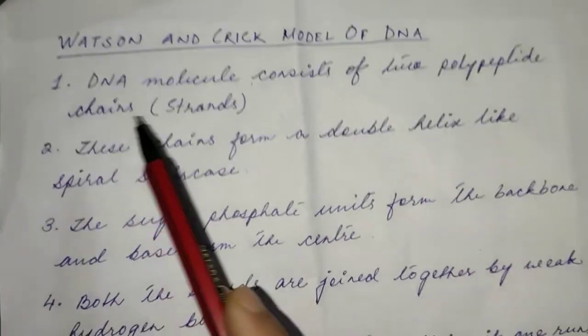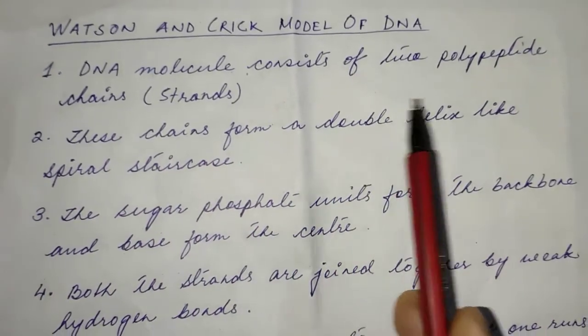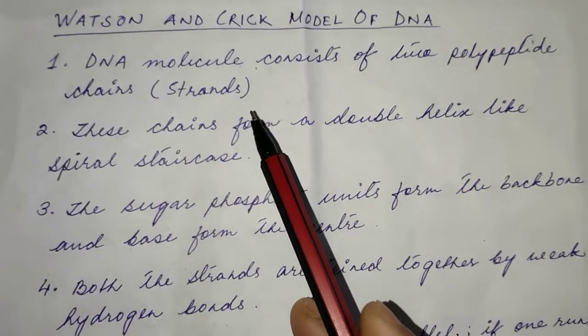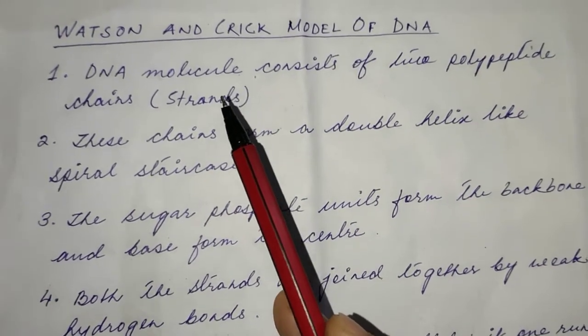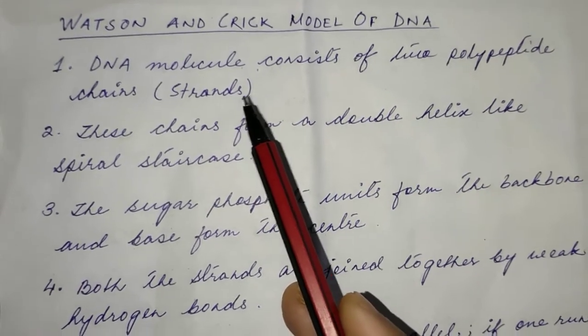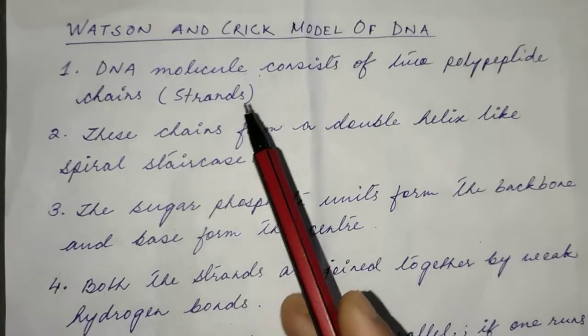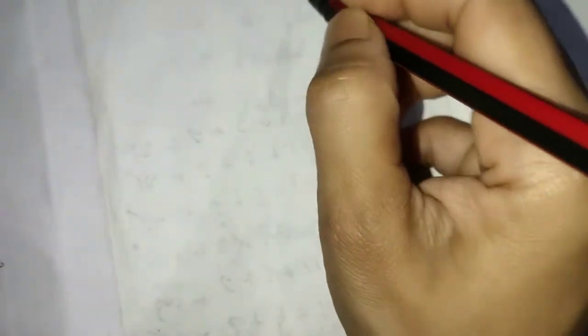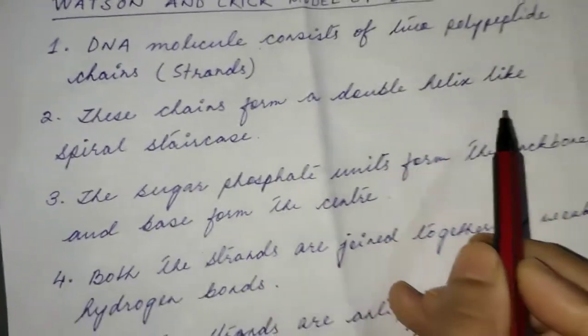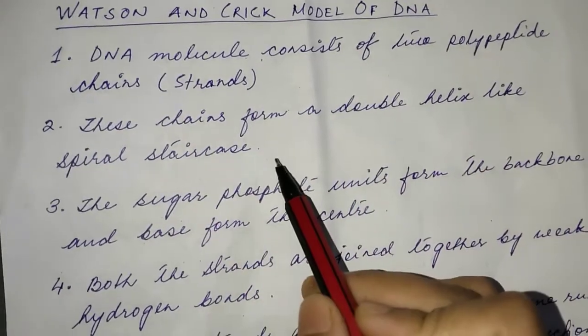Point number 1, DNA molecule consists of two polypeptide chains or strands. So DNA molecules are double helical, and it consists of two polypeptide chains, like this I am showing here. Now next point, these chains form a double helix like a spiral staircase.